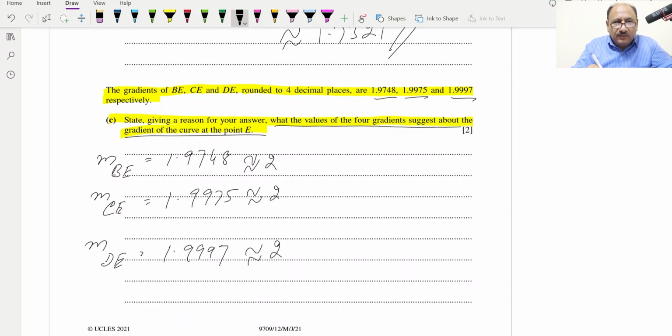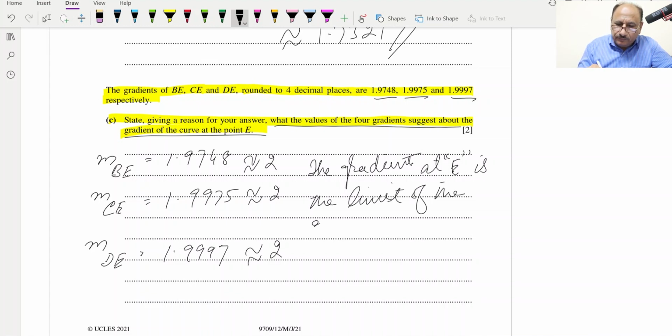So the gradient at point E is the limit of the gradient of chords.